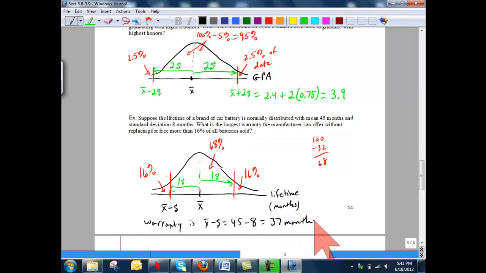If that's where I set my warranty period, and the battery life distribution really is as stated here, then I'll end up replacing about 16% of the batteries for free, and the other 84% of the batteries will fail after the warranty period, and the customer will have to replace those.